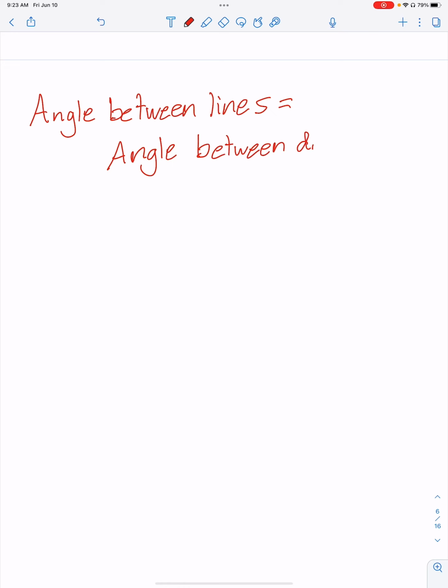Angle between lines equals angle between directional vectors. Angle between lines is an angle between directional vectors.